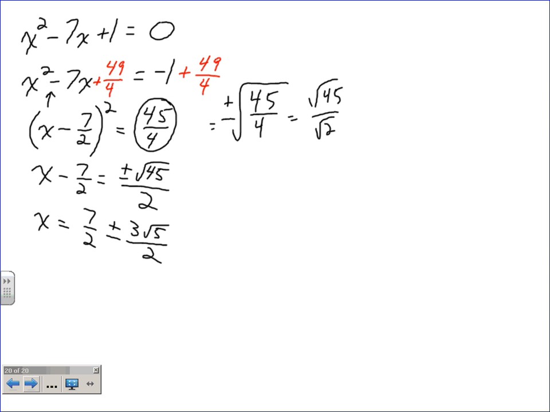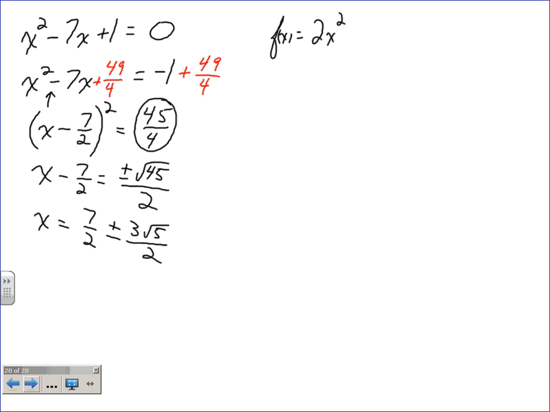All right. One more example. One downfall of using this method. If I had some function, f of x equals 2x squared plus 13x minus 5, and it says find the roots.